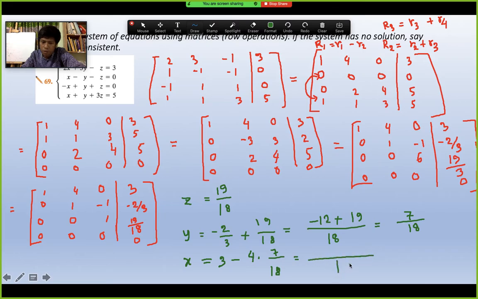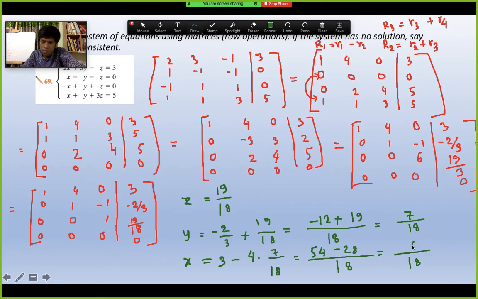Then we have 18 here. And 18 into 3 equals 54. And 4 into 7 equals 28. So this equals 18. So this minus this, this is 14.